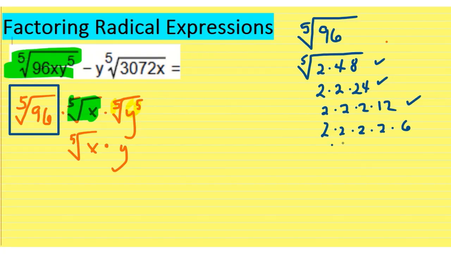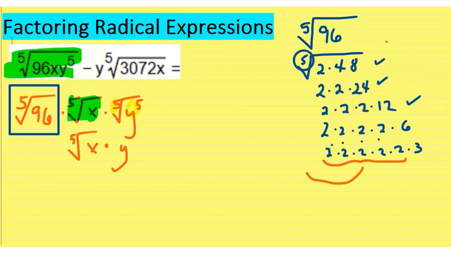Well, I've got 1, 2, 3, 4 factors of 2, but I'm looking for 5. So if I break it down one more time, 2 times 2 times 2 times 2 times 2 times 3. Now I have arrived at 5 factors of 2. That means that one of those 2's can come out to represent all 5 of those.